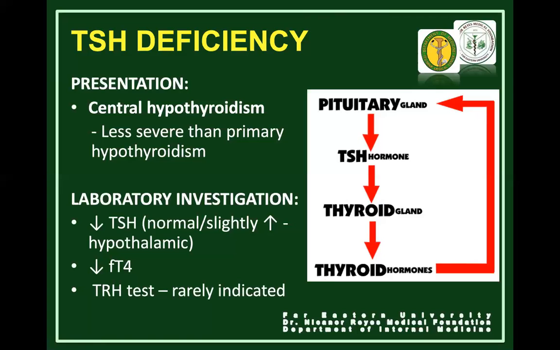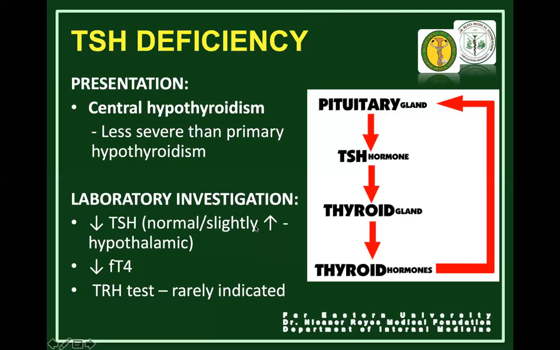How do you investigate? You investigate by doing a paired test, checking your TSH as well as your thyroxine level. So what you will see is a TSH that can be low, although there can be a normal or slightly elevated TSH initially because of the hypothalamic hypersecretion.